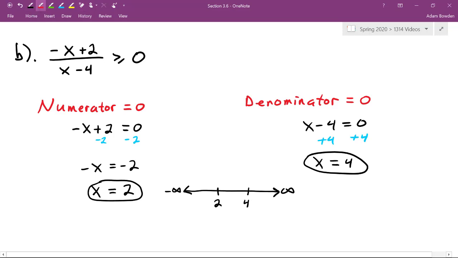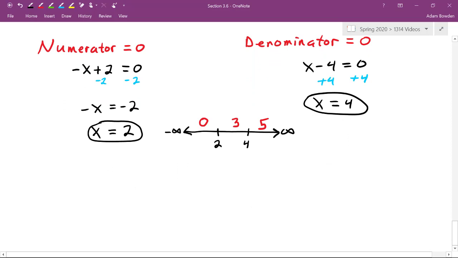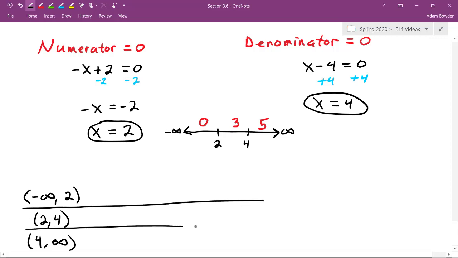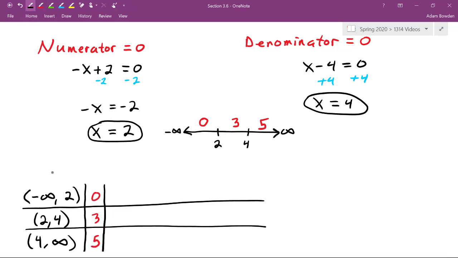Test values I used here are 0, 3, and 5 on either side of those numbers. So here are the intervals that we're looking at from the number line. Okay, I'm using parentheses, but keep in mind that we'll double check if we need to do brackets or parentheses when we're done. Here are the test values that we have.